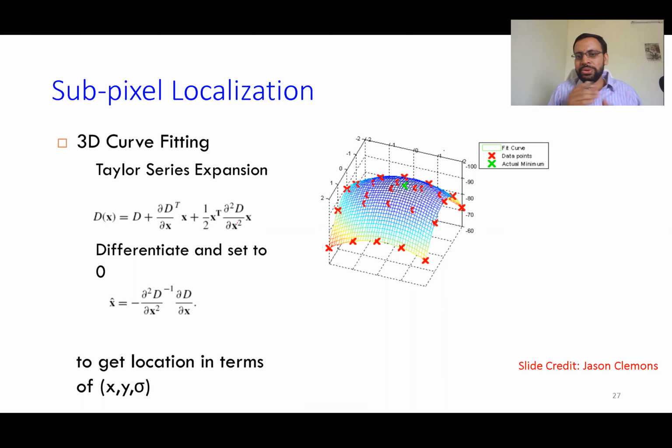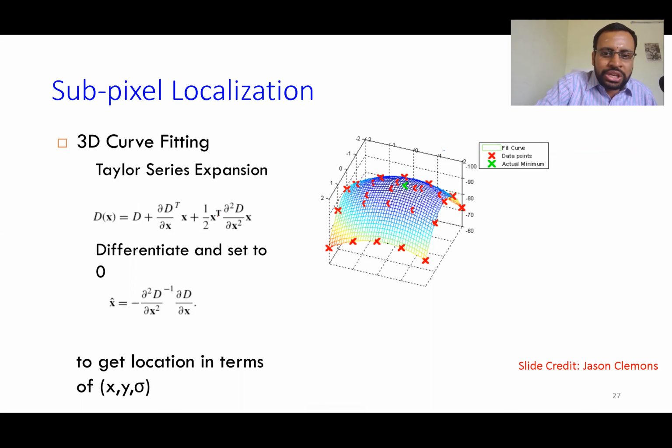Now your space is x, y, sigma. Okay, this has to be very clear to you. So spatially, x might be moving delta x, y might be moving delta y, and the sigma value between your sampling is at sigma, k square sigma, and so on. It can be in between, let's say sigma and k sigma.